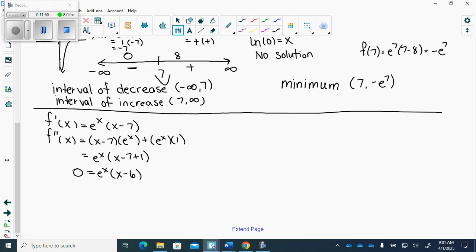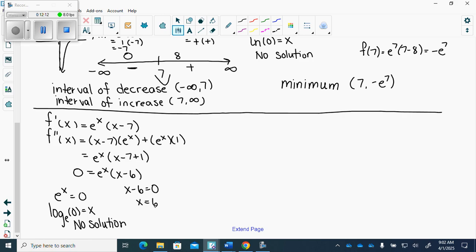E to the x equals 0 is log base e of 0 equals x, which is no solution. Then x minus 6 equals 0, x equals 6.